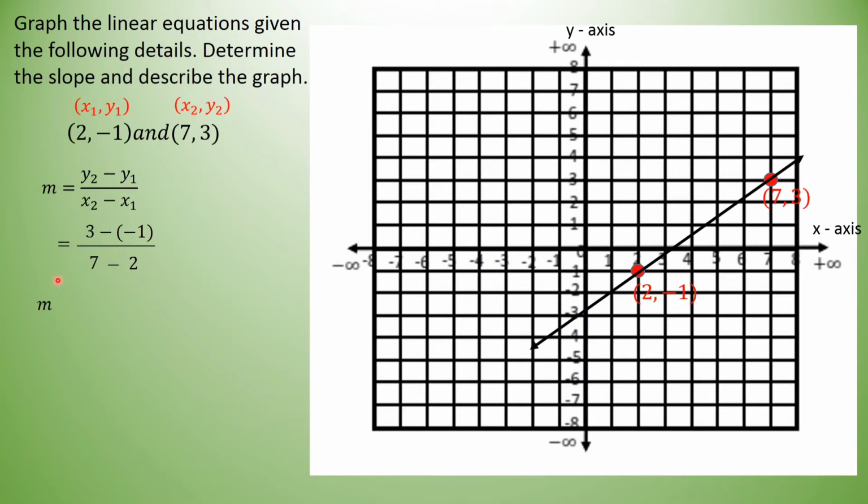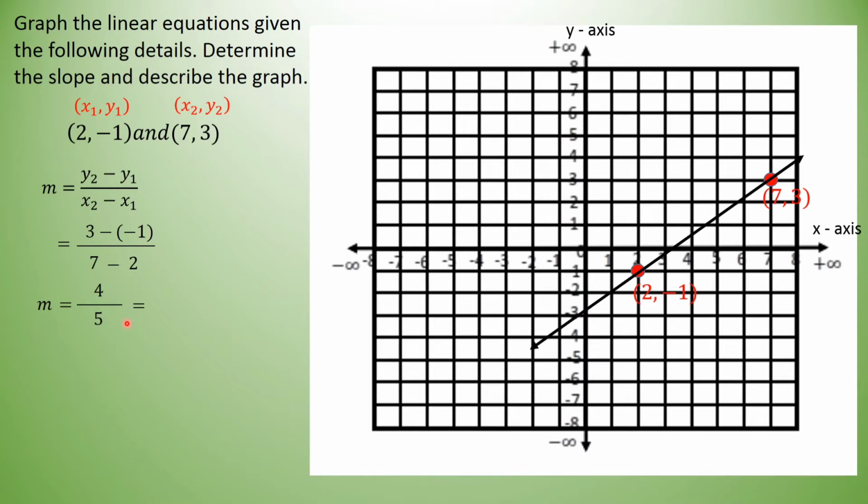That is equal to 3 minus -1. So, negative times negative will result to positive. So, this will become 3 plus 1. So, 3 plus 1 is equal to 4 over 7 minus 2 equals 5.